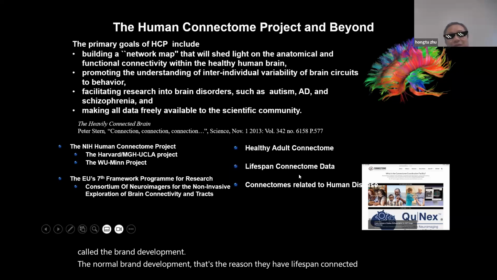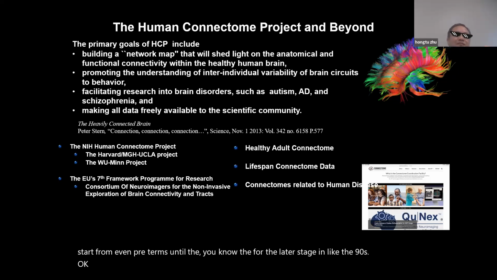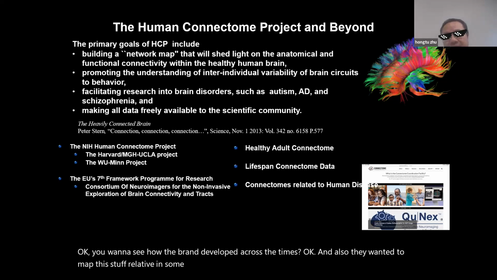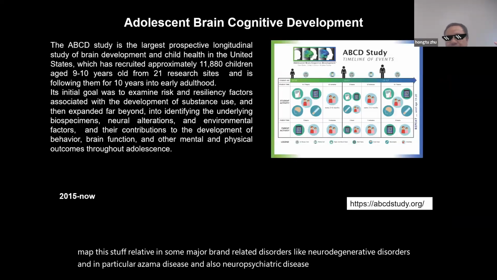They want to start from even preterms until the later stage, like the 90s. Okay, they want to see how the brain develops across time. And also they wanted to map this relative to some major brain-related disorders, like neurodegenerative disorders, in particular Alzheimer's disease, and also neuropsychiatric disease. And these are very important things.